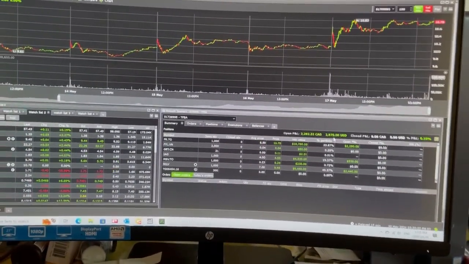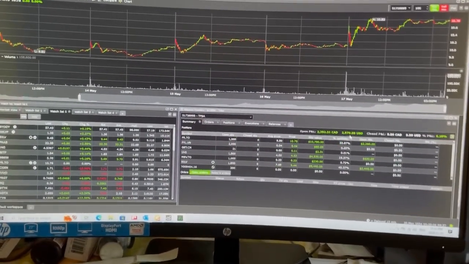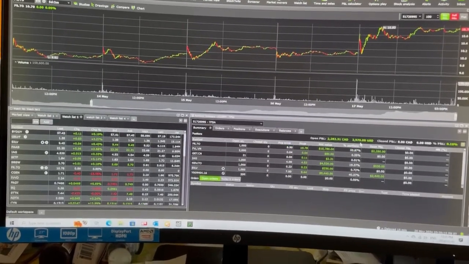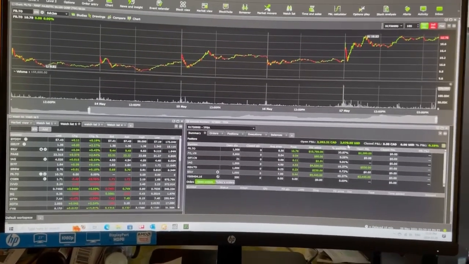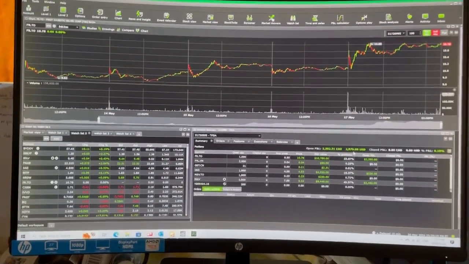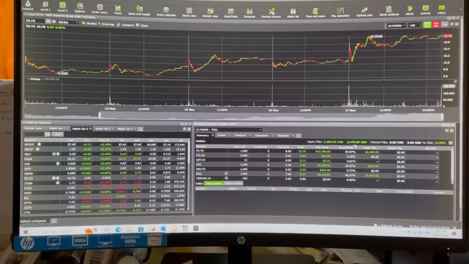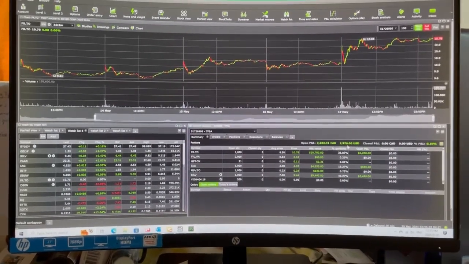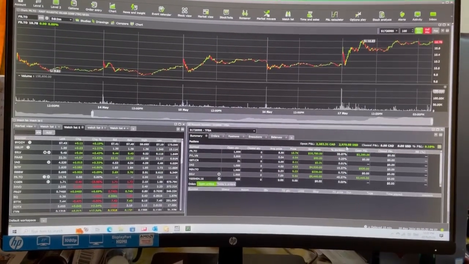Remember last Friday I was saying how I was showing a profit of $3,300, some odd dollars, Canadian. Since last Friday, remember the stock markets are closed on the weekends, Saturday and Sunday.